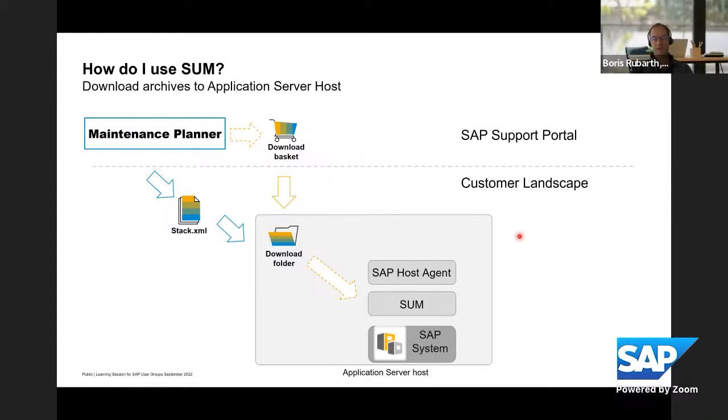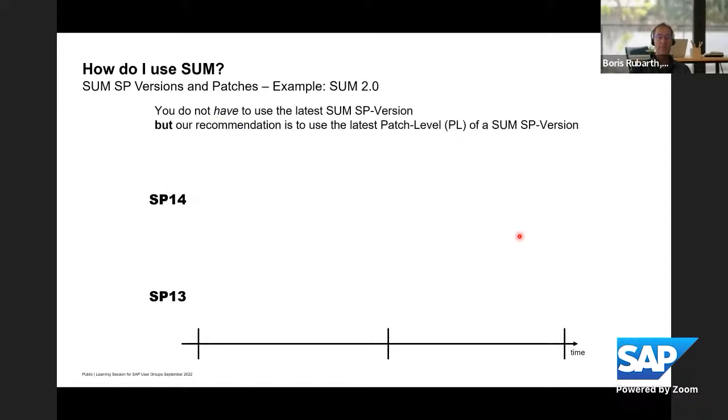Now, I've mentioned that we have three times a year a new SP version of the software update manager. So let's have a short look at this. What version to use? Currently we have SP14 for SUM 2.0 available. Let's see how the history was when we came out with SP13 of Software Update Manager 2.0.